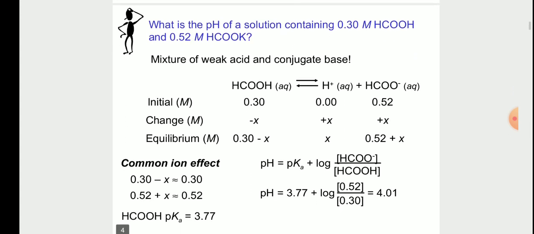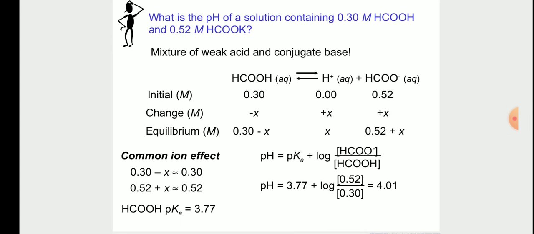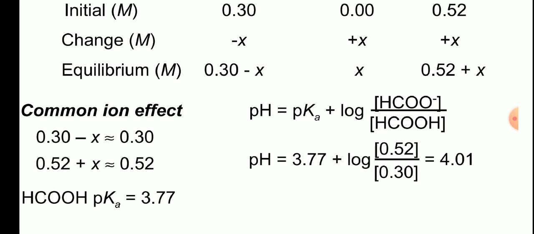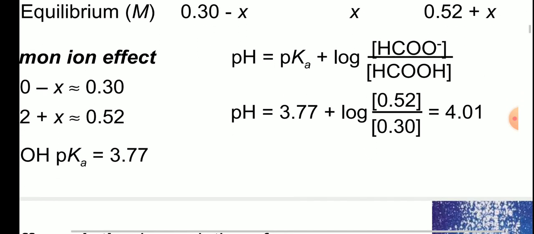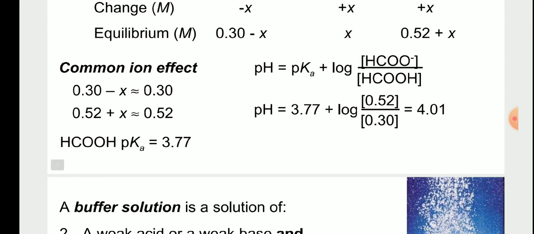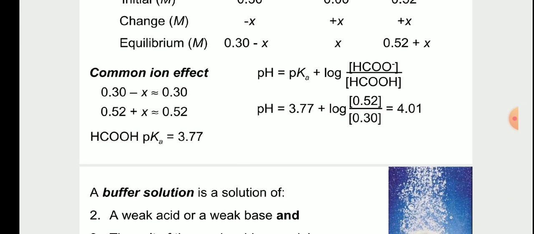What will be the pH of the solution containing this molar of acetic acid and this molar of the acetate salt, potassium salt actually? If you look into the equation, pH is equal to pKa plus log of this. The pKa value for acetic acid is 3.77, so I put 3.77.